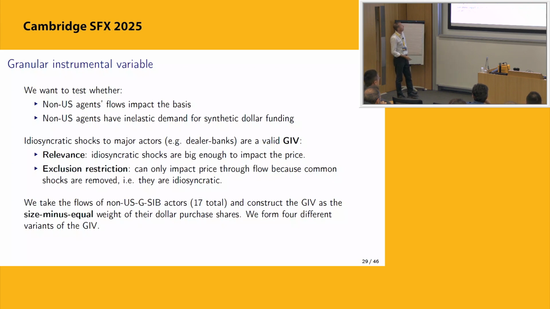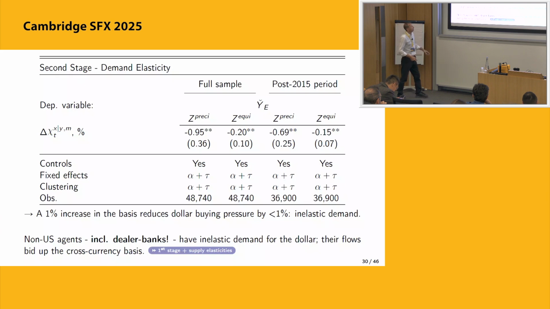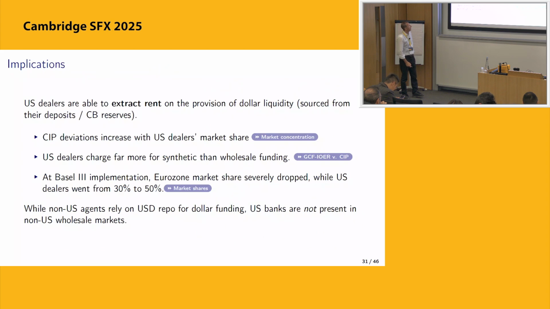We also ran a GIV, granular instrumental variables, and we found that the inelasticity is there, and then the flows of non-U.S. institutions increase the basis, right? So on the other side, there are the U.S. banks extracting a rent.